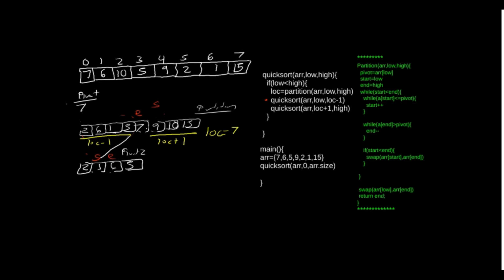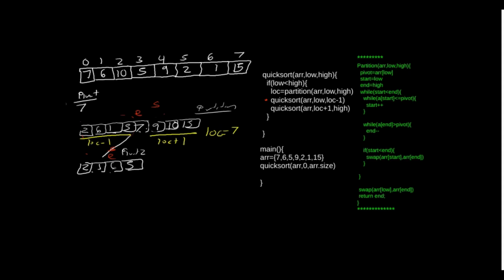1 and 6. Then we go back to the start loop and we go, all right, is 1 less than 2? Yes. Is 6 less than 2? No. So you can see right over here that we put start.